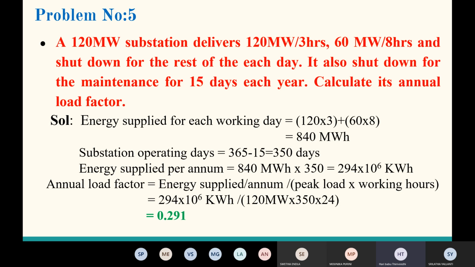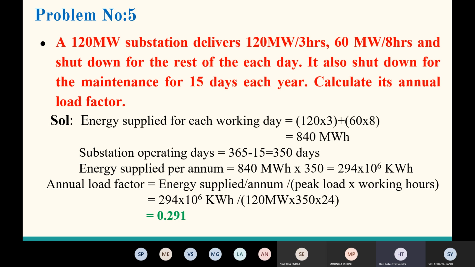Don't write down the solution yet. First I am giving some clarification. Given data: write down 120 megawatt substation delivers. Under that, please take a table with only 2 columns.